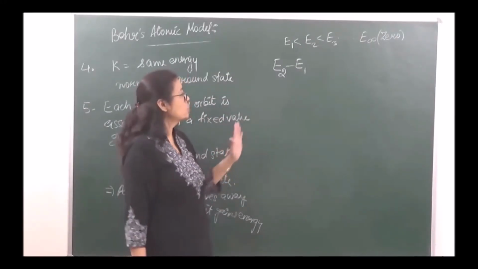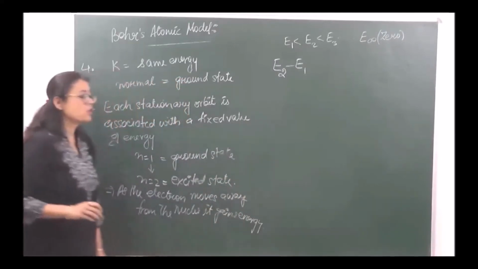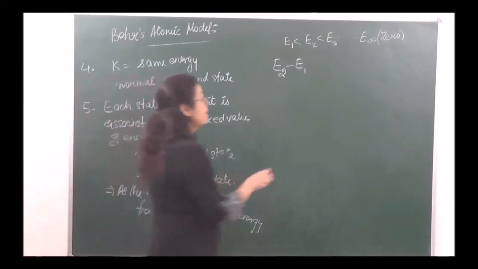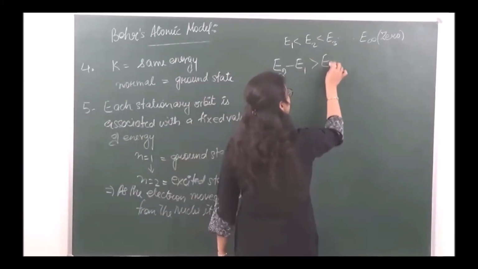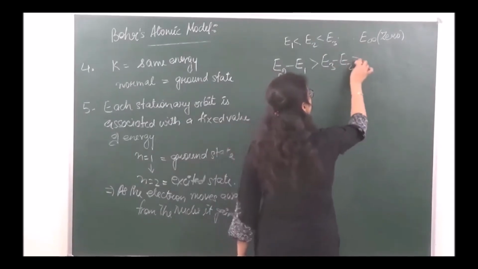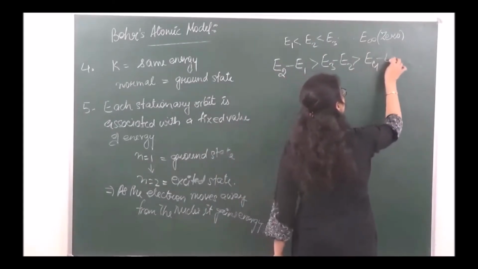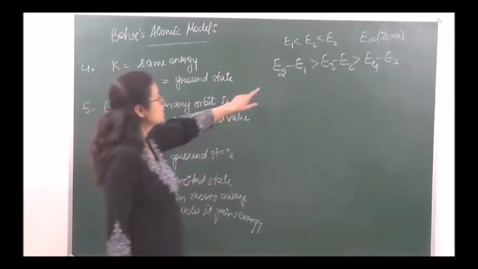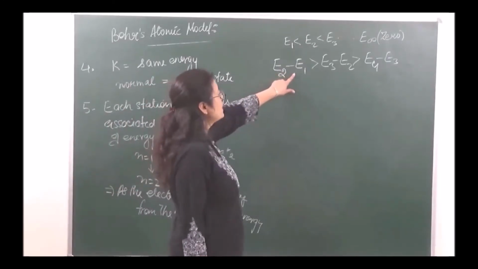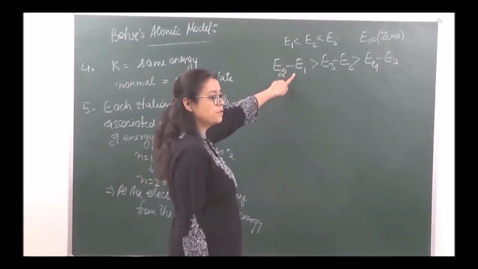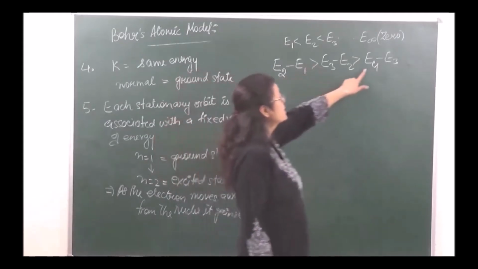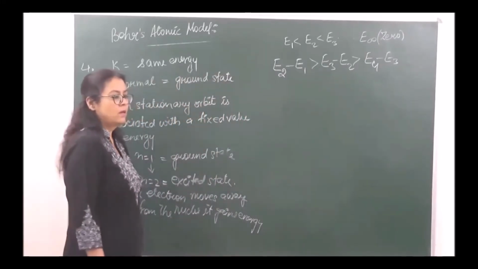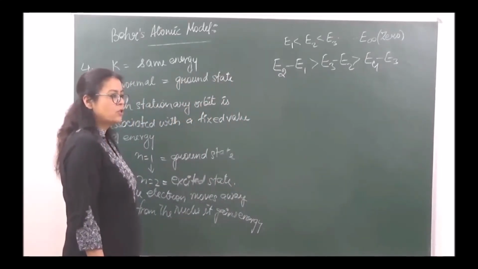So the energy of transition for E2 to E1 is going to be maximum, and then it keeps on decreasing, and so on. So when the transition is taking place E2 to E1, the energy difference is going to be maximum, whereas from E4 to E3 the energy difference is going to be minimum. Okay? Have you understood?